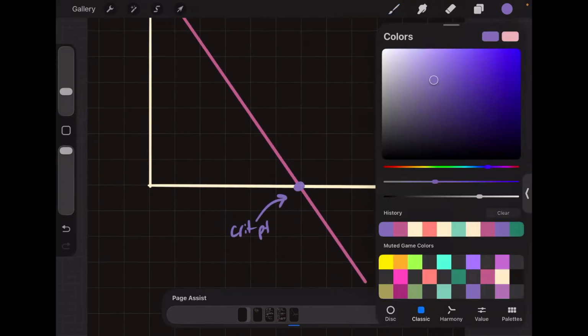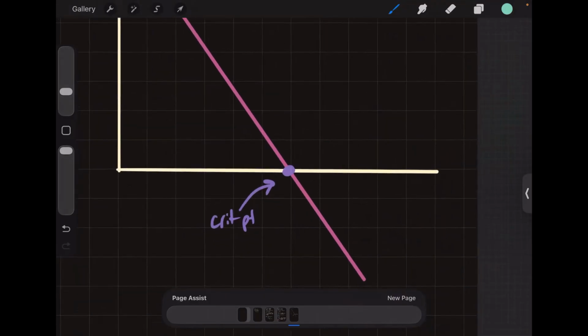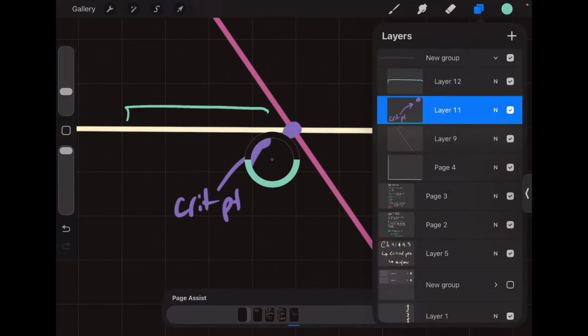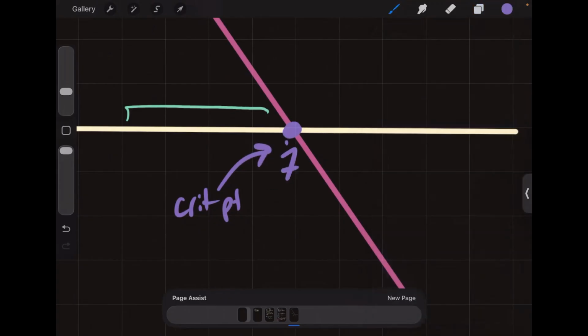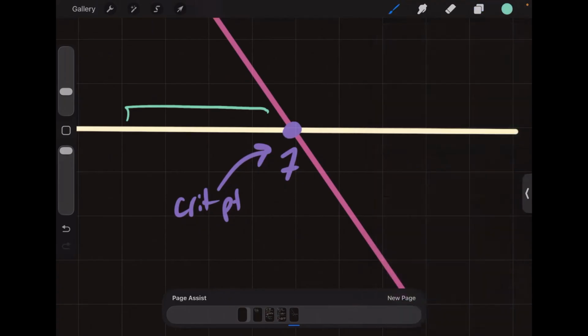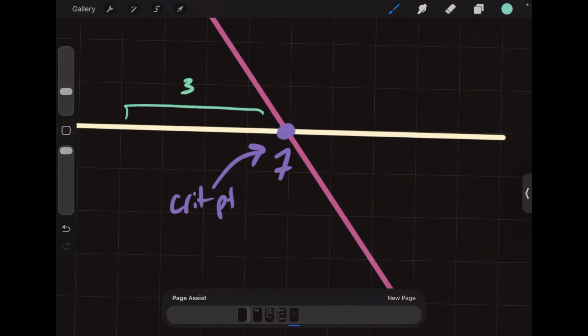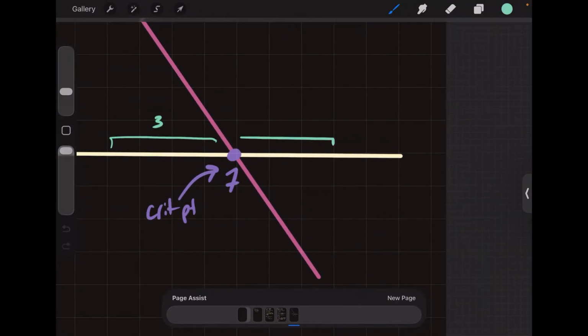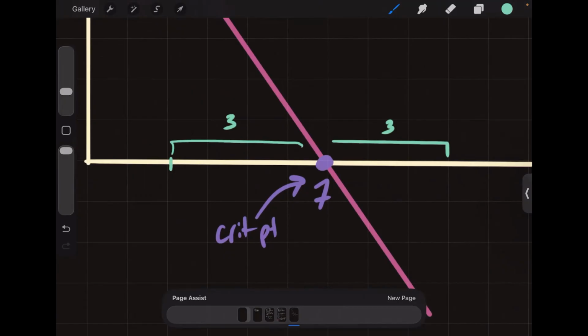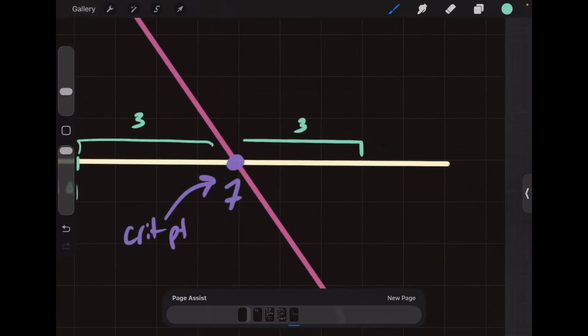Again, epsilon's just a number. Let's say the x value is 7, and let's say this is a distance of 3, and you go this distance of 3 on the other side as well. That gives you 7 minus 3 is 4, 7 plus 3 is 10.